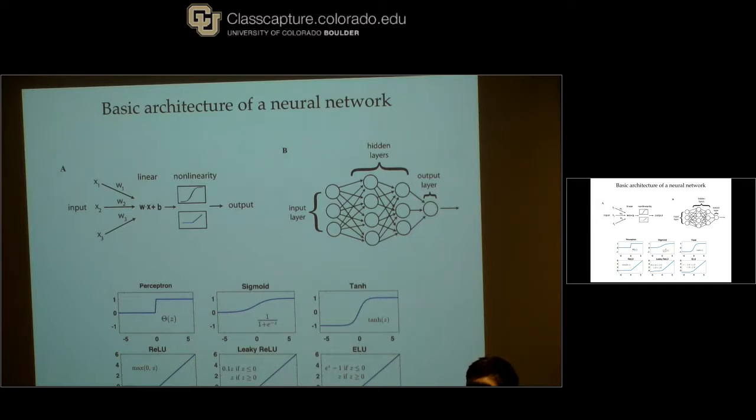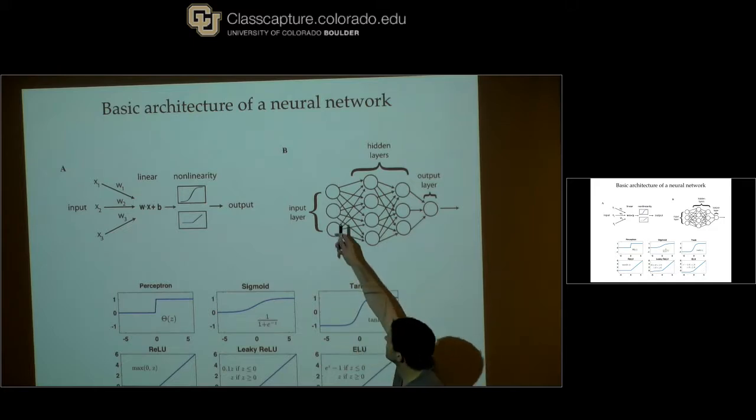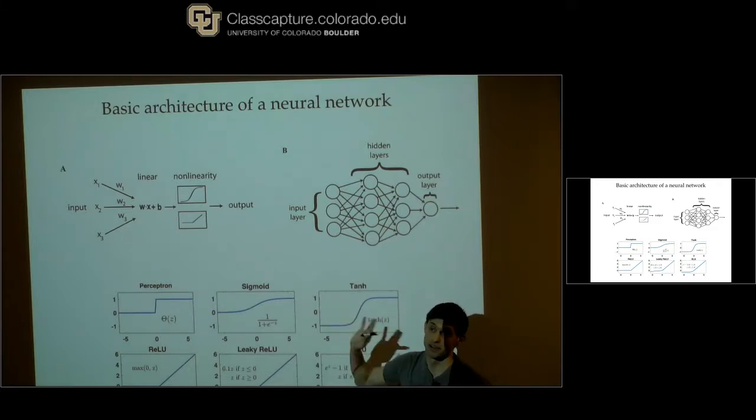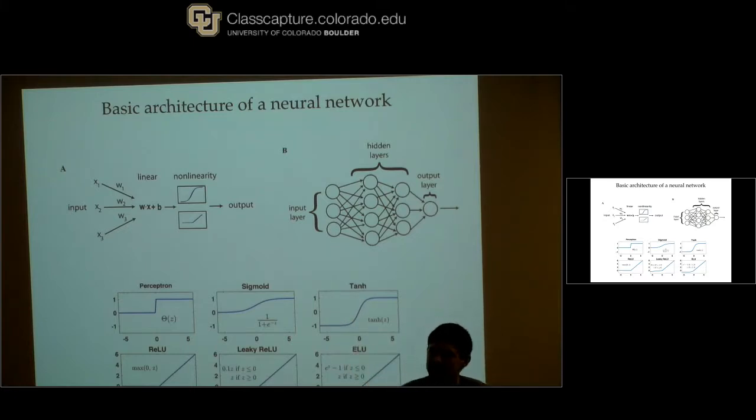So do you have to have enough nodes in your input layer to have the same number? In the simplest situation, the number of inputs is the number of, say, pixels in your image. Or if they're grayscale, if they're 3-channel color, then you have, yeah. Was that what you were asking?